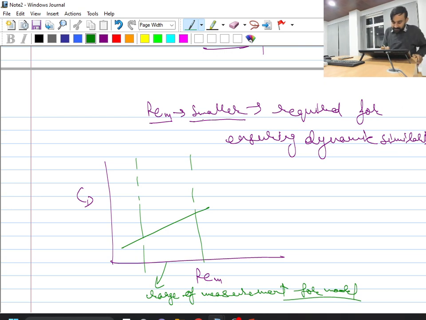So say this is my desired range of Reynolds number.